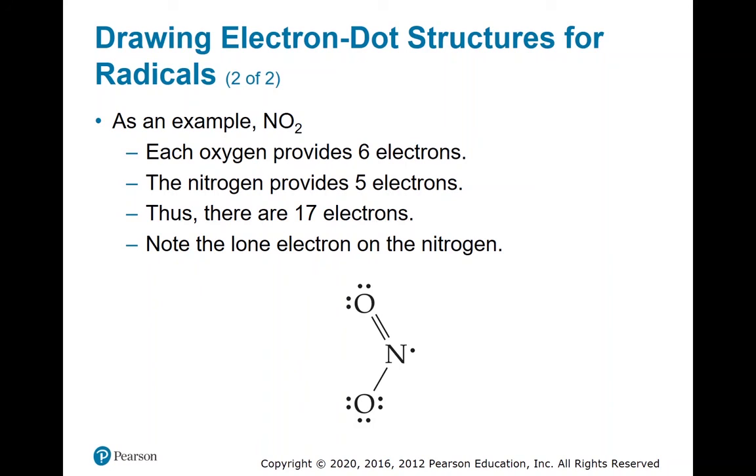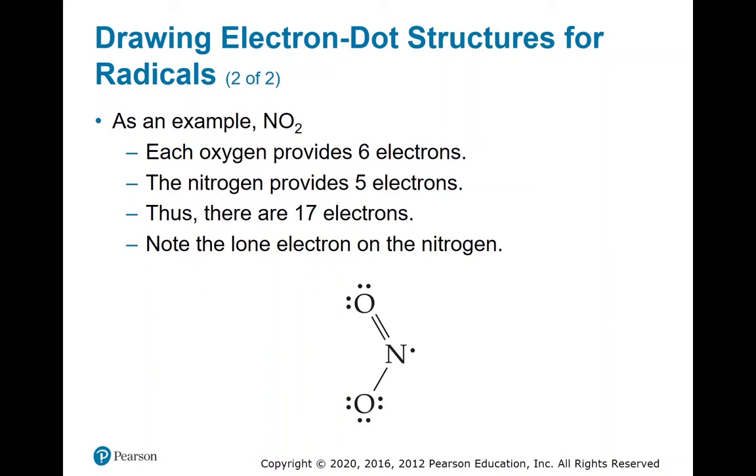If we count up the valence electrons, nitrogen has 5 of them, the oxygen has 6, and there's 2 oxygens, so that gives us 17 electrons. So that's an odd number. If that seems strange, it's because all of the examples we've seen so far had an even number of electrons. So with the 17 electrons available for our molecule, what you would do is put your nitrogen in the middle.